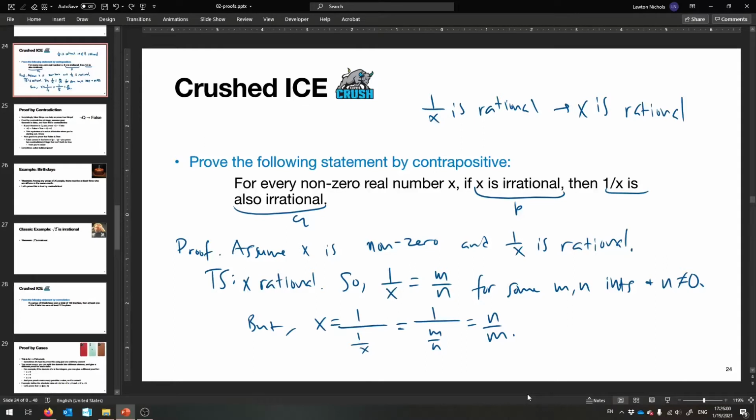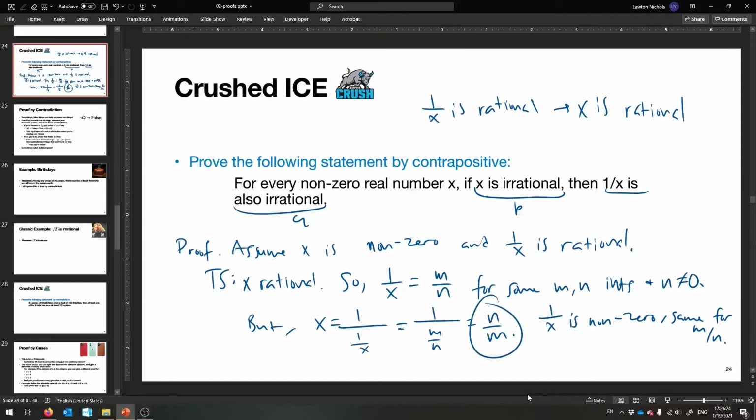So you can write all that out. So let's see here. 1 over x is non-zero because x is non-zero, and same for m over n. Okay, so just by math you get that.